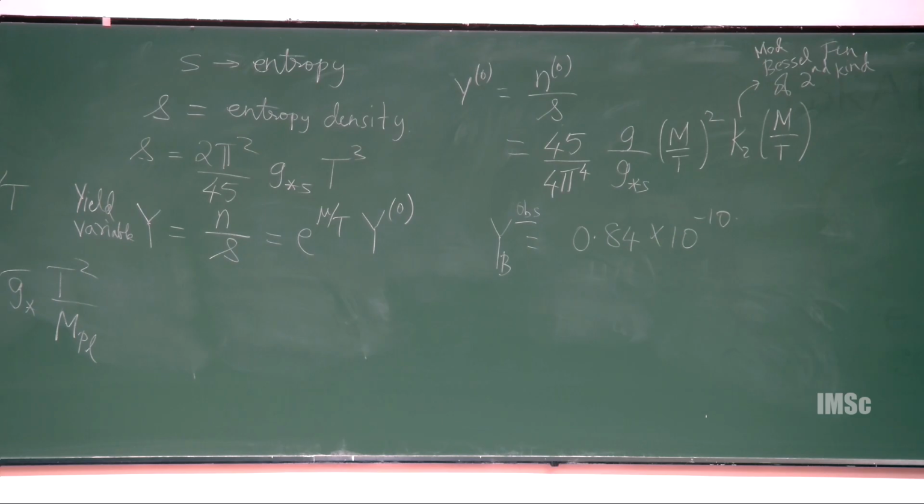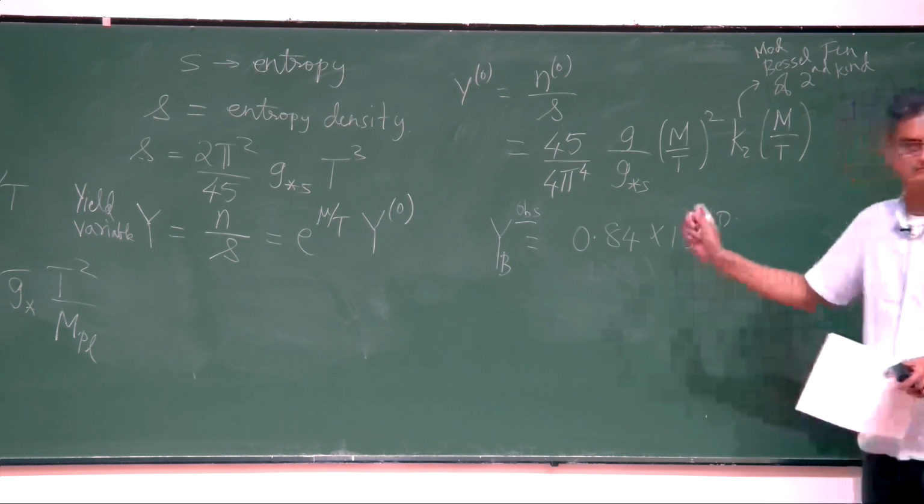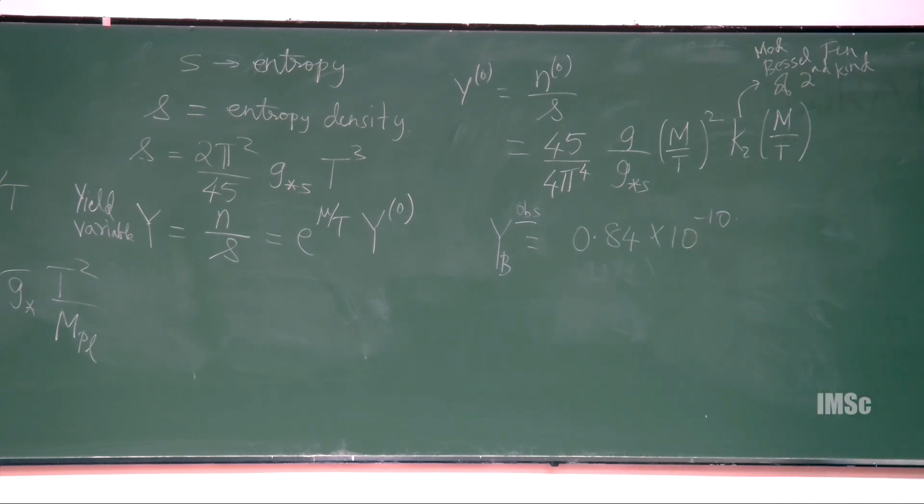And so this is very common in the literature. You will find people actually using this one. So this is the number to shoot for. So you would like to cook up all of your theories and whatnot, put it in the expanding universe, use all of these expressions, right? In the end, find out how much of it is left over, and you have to get this number. So that is the rest of the lectures.